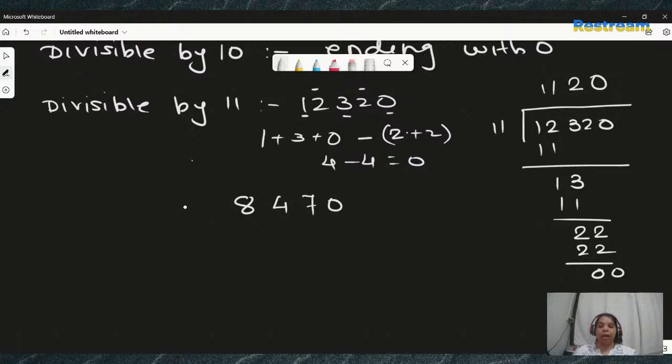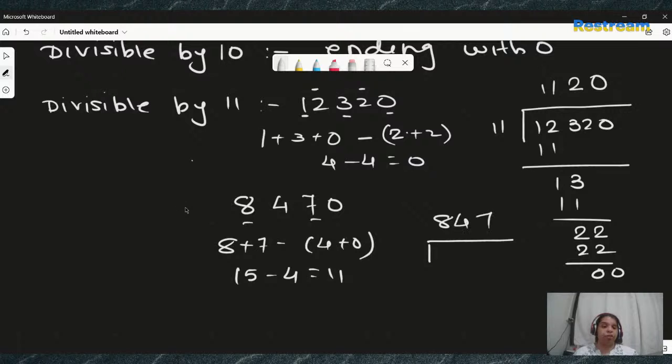Okay. So we have 8 plus 7 minus 4 plus 0. So it is 15 minus 4 is equal to 11. So this number has to be divisible by 11. So we'll check. So 11, 8470. So, sorry, what did I do?